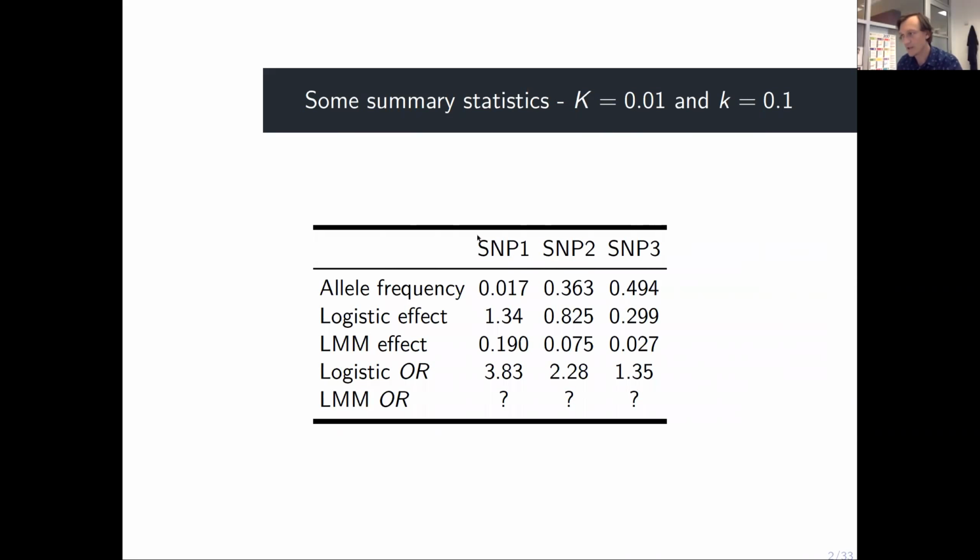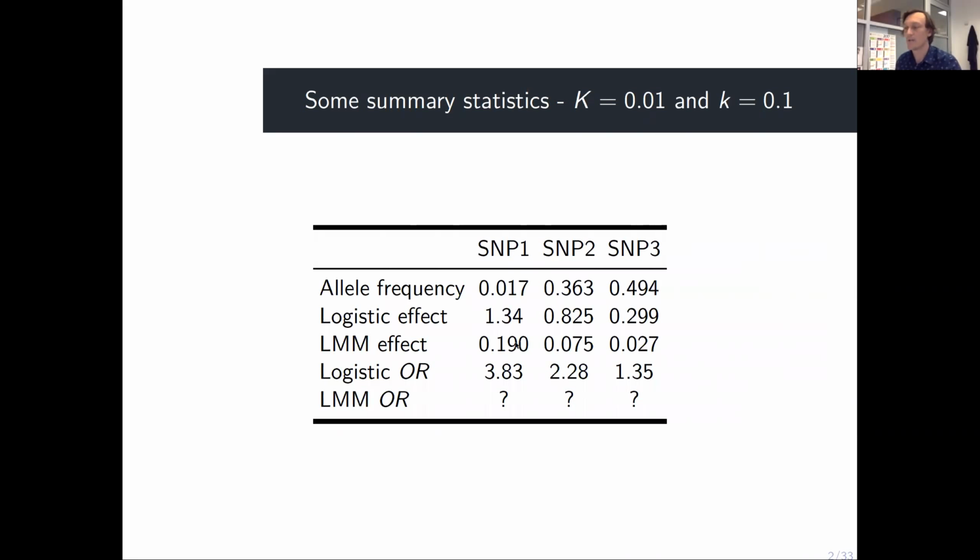We have 3 variants, SNP1, SNP2, SNP3, and here are their allele frequencies, and I've simulated a phenotype under the liability threshold model with these parameters in GCTA. If you're not familiar with GCTA, that's the software developed by Jian Yang within this group that I work within.